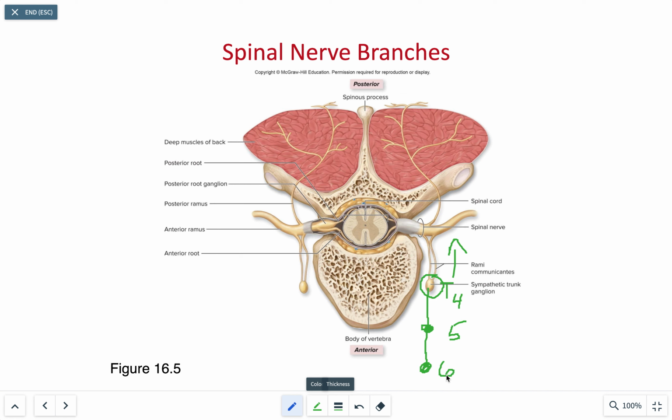If the body decides to operate with the sympathetic nervous system, say in a fight or flight scenario, the sensory information will still come in as usual, and then the motor response comes out, and somewhere in the pathway it'll still have the motor command for the effector of moving your legs, running away from something.